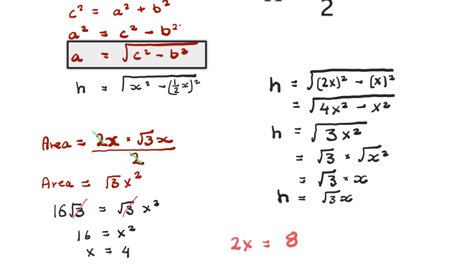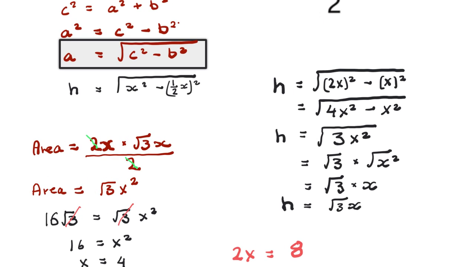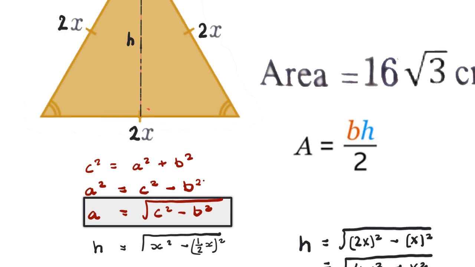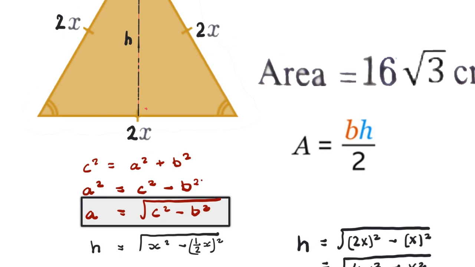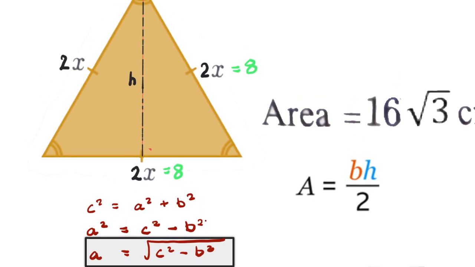In that case, each side is equal to 8. I'll write down that this is equal to 8, and this is equal to 8, and also this is equal to 8. And remember, this is centimeters. I should put centimeters on all sides. And this is a typical question for Mathematics Year 10.